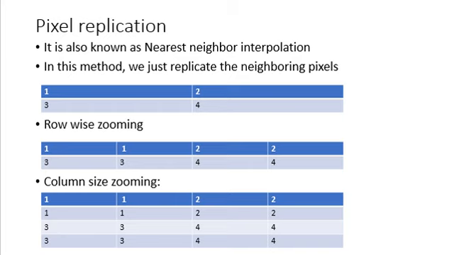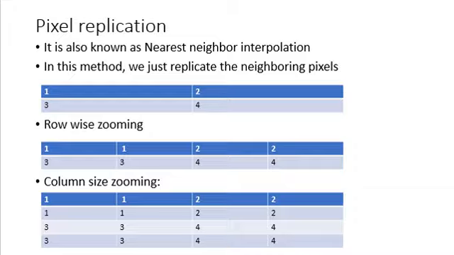As can be seen from the above example, an original image of 2 rows and 2 columns has been converted into 4 rows and 4 columns after zooming. That means the new image has a dimension of original image rows multiplied by the zooming factor and original image columns multiplied by the zooming factor.